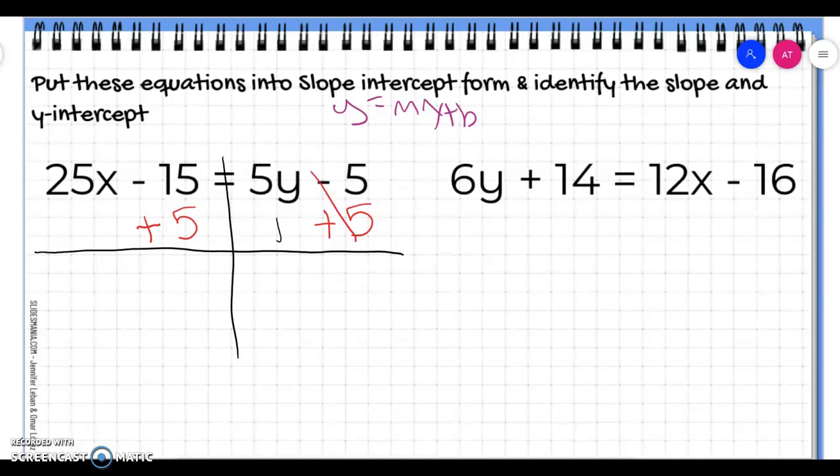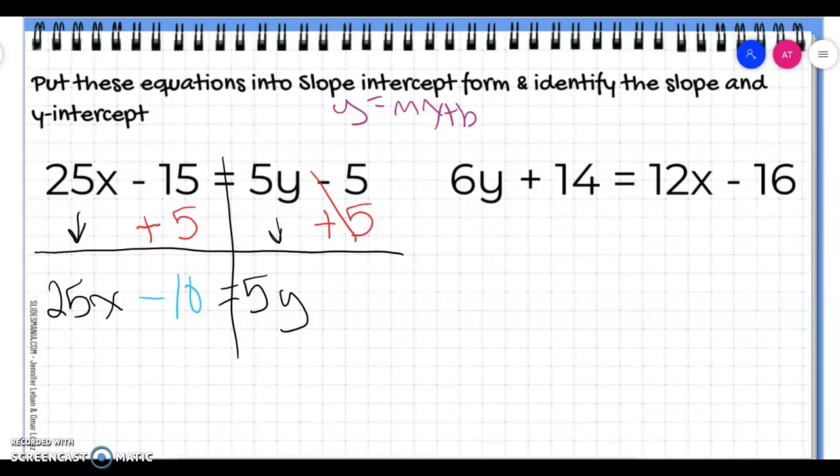Just like what we've been doing all this time, except now you're just doing y instead of x. So I didn't do anything to this 25x, so I'm just going to bring it straight down. If I have negative $15 and I gain $5, now I still owe somebody $10.